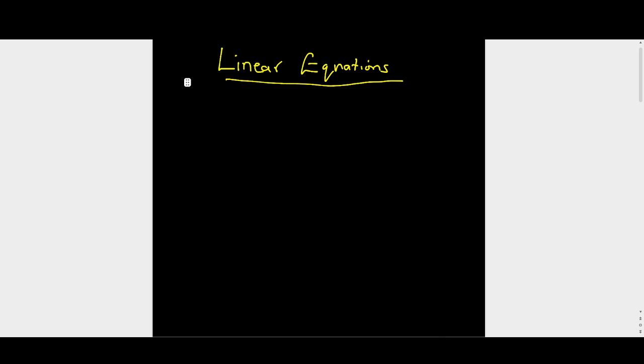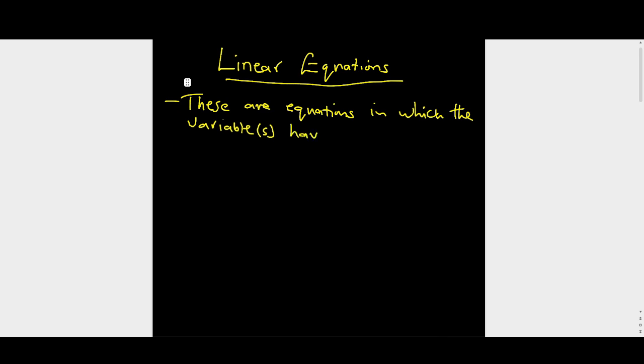So linear equations, these are equations in which the variable or variables have the highest power of 1.